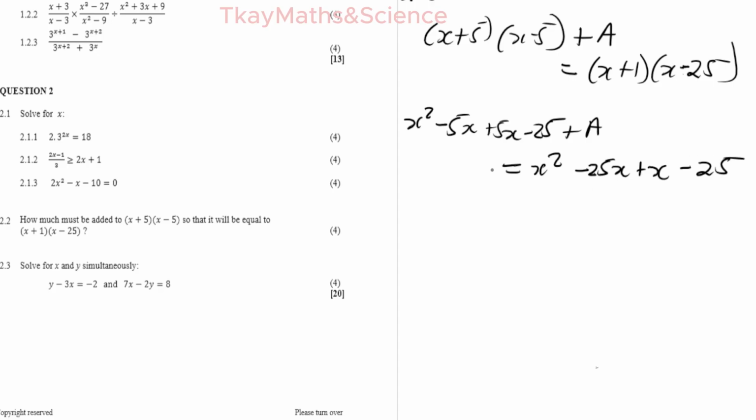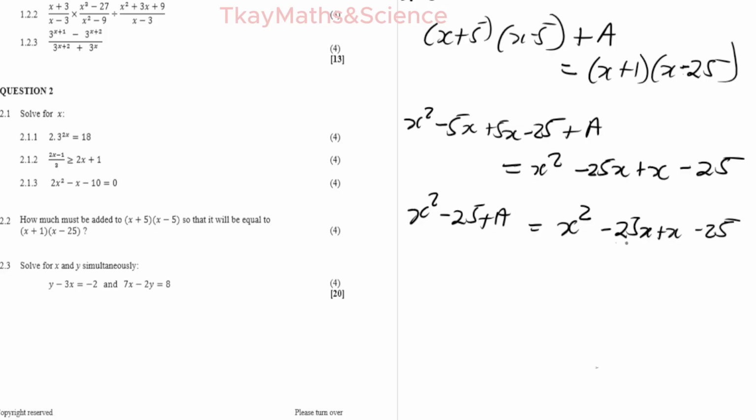So here we see that minus 5x plus 5x, if we add them together, this one's a negative, this one's a positive, so it's going to become 0 here. So it's going to become x squared minus 25 plus a is equal to x squared minus 25x plus x minus 25.